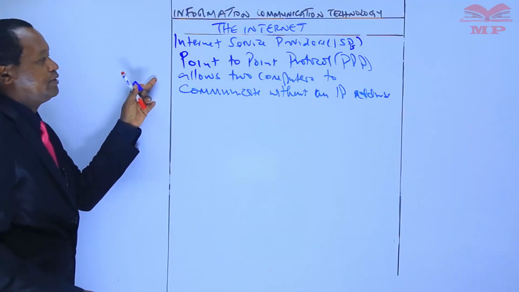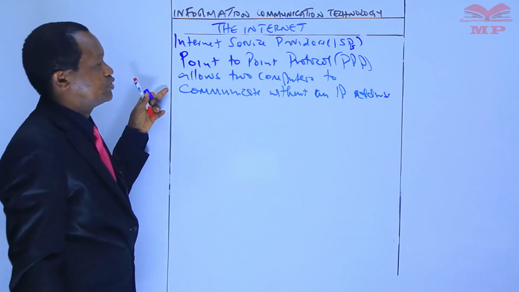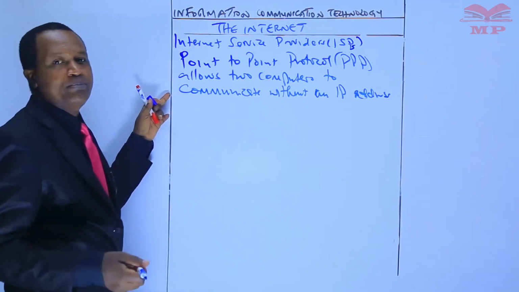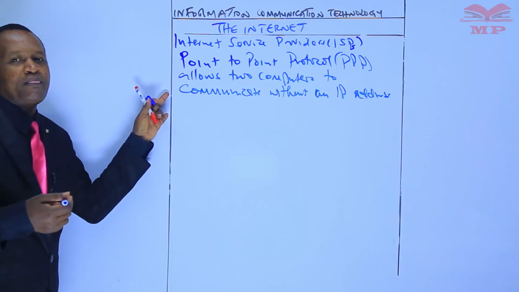So a PPP allows two computers to do what? To communicate without an IP address.